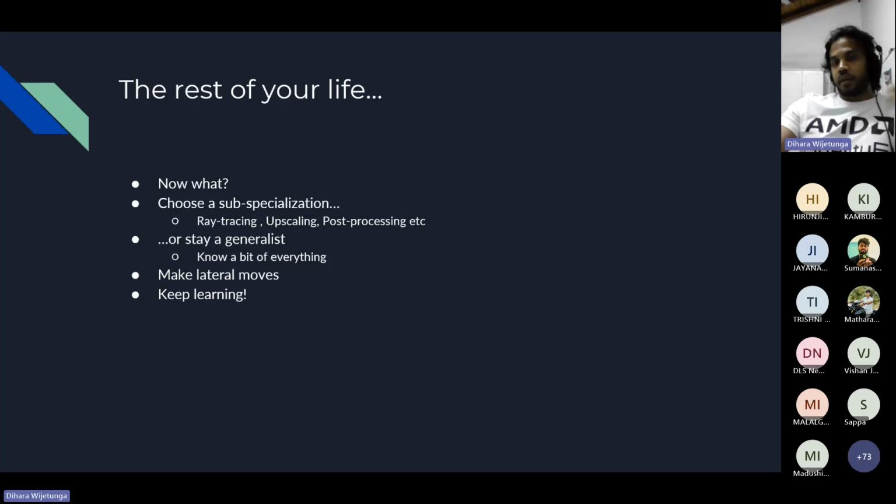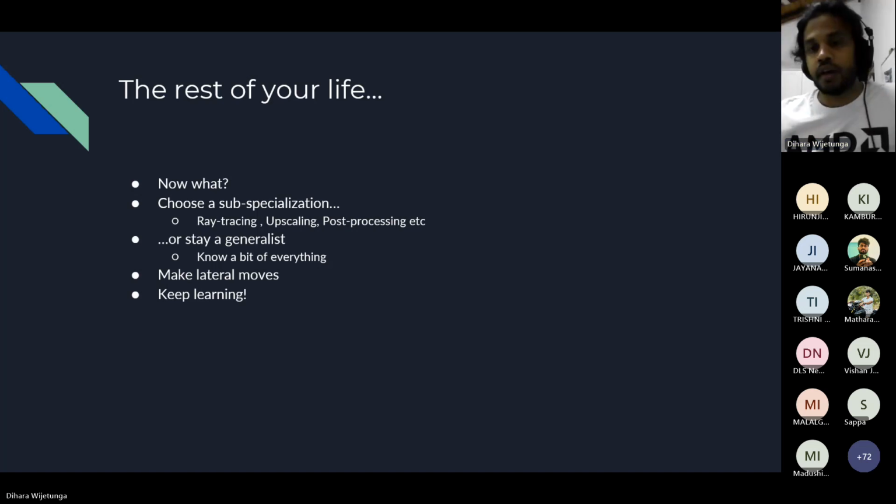In my career since I joined AMD, my first project was FSR2, or FidelityFX Super Resolution 2, which, as I said, was a technique for upscaling graphics. I started with that. I did Brixelizer, where I was the technical lead, which was kind of like ray tracing. So I did a bit of that.